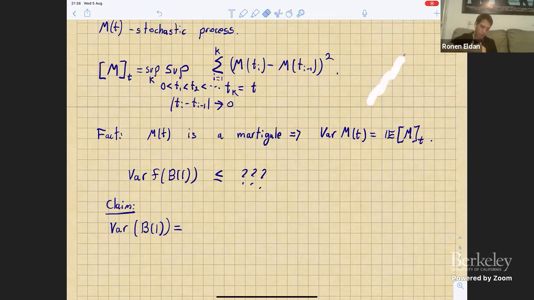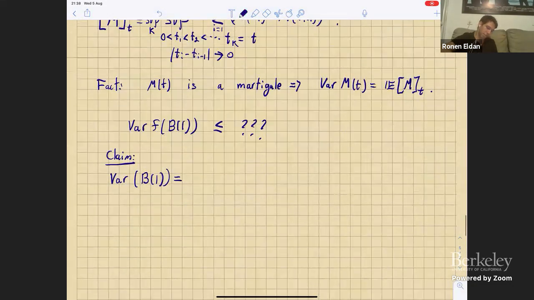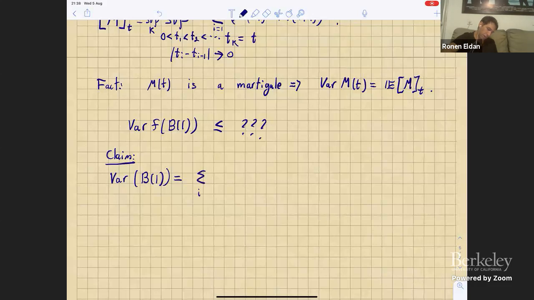So for us, the variance is just going to be the sum over i and the sum over t in the jump set of the ith coordinate, of the square of the difference over that jump, which is f at B(t+) minus f at B(t-), squared.